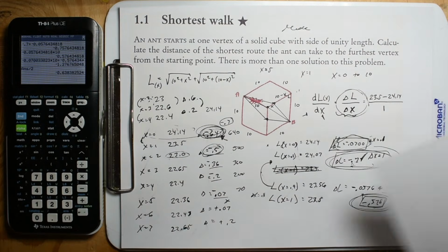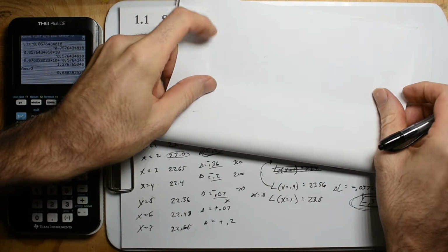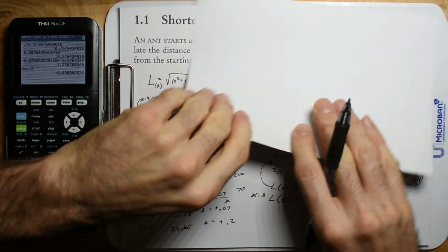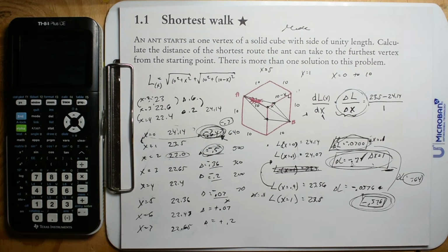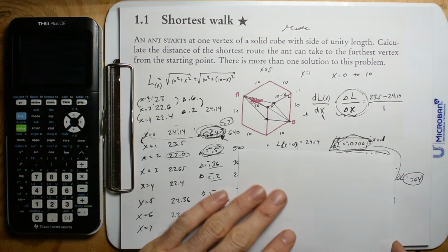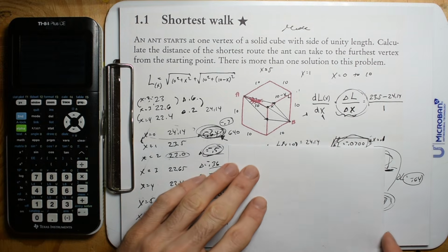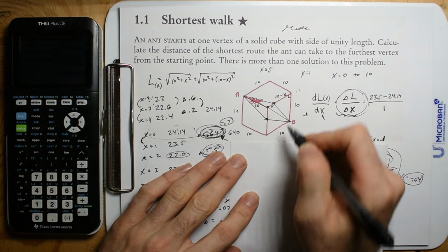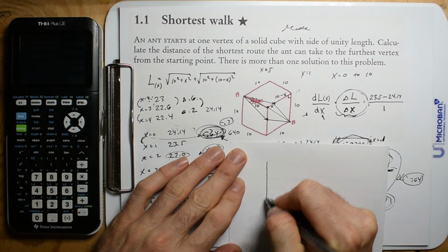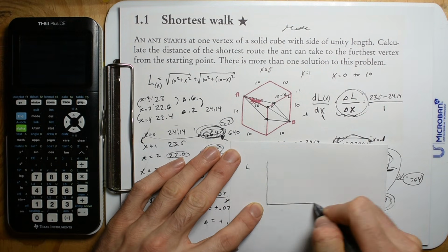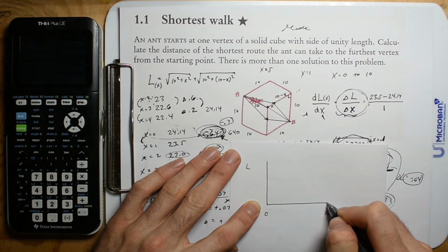So let's redo that. I'm going to redo that graph because I think it's useful. All right. So we have the square, and this is going to be our length, and then we have 0 to 10.